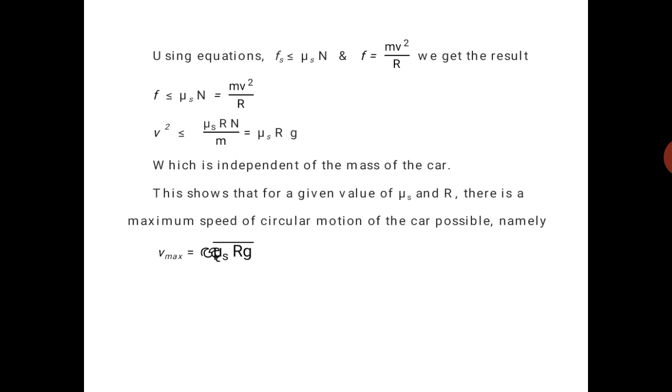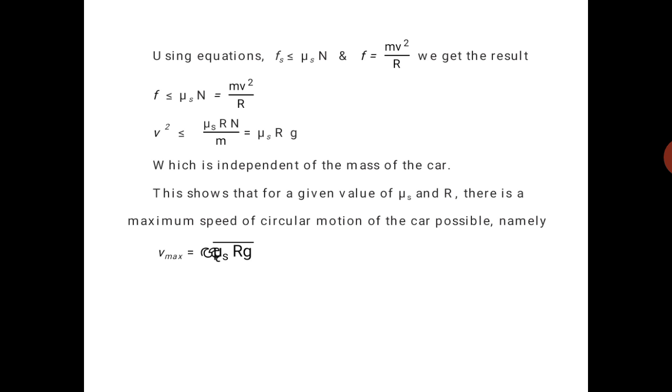Therefore we can write v square as less than or equal to mu s r g, which is independent of the mass of the car.